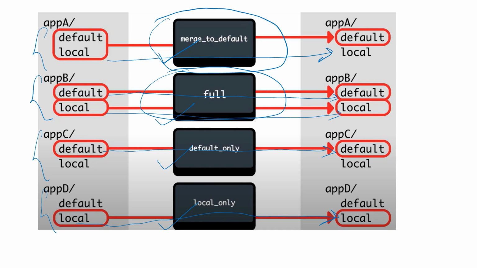Because in merge to default, the configs of local and default are merged to create a bundle, and that bundle is pushed inside the default directory of your app in your search head cluster members. Similarly, in full mode, both default and local are pushed separately to your search head cluster members, right?